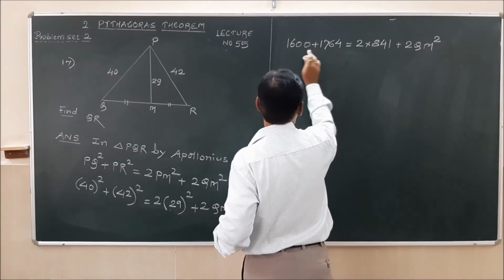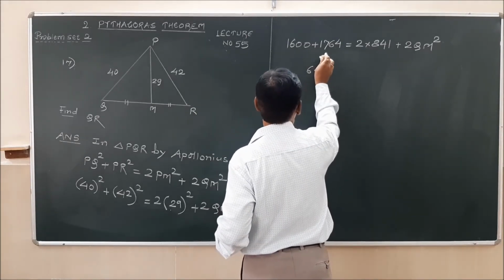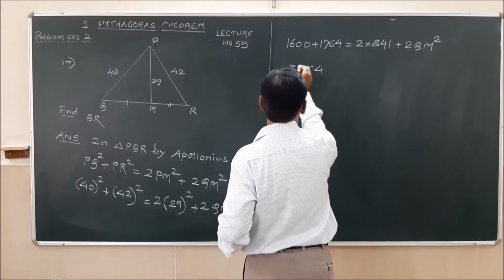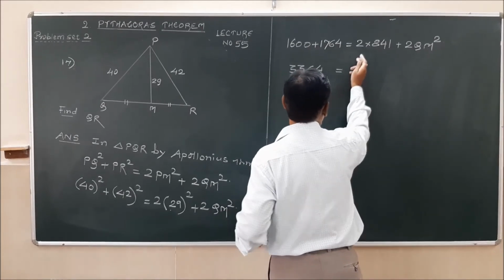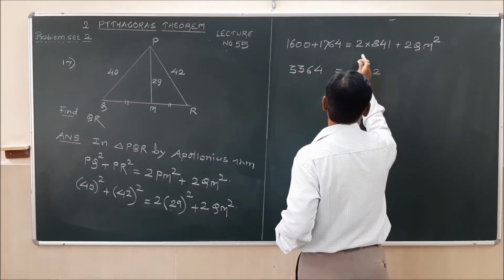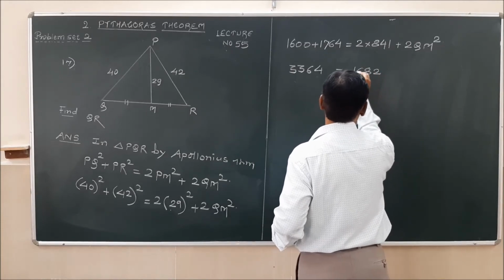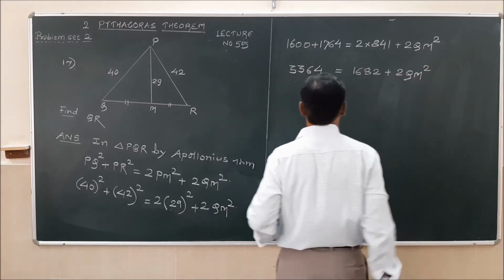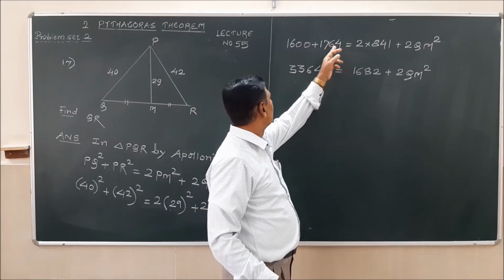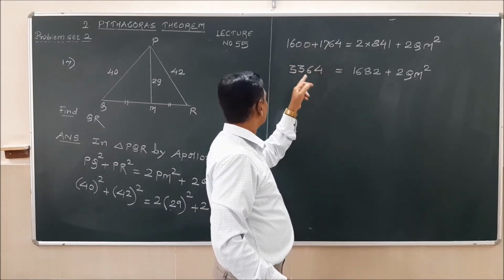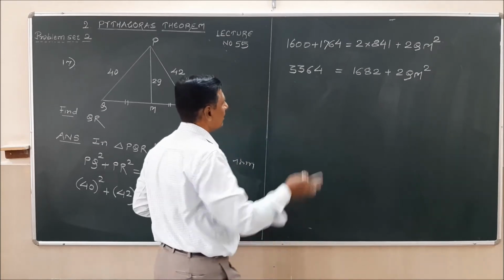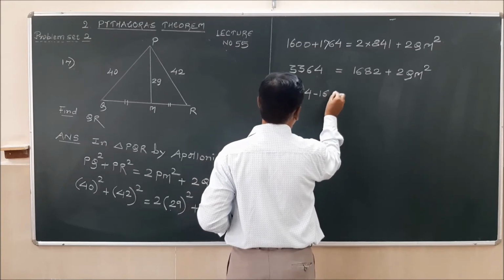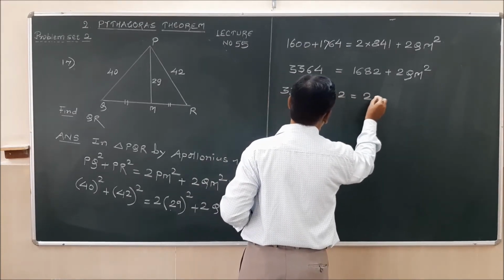Okay, so this is 4, 6, 3364. That is equal to 1682 plus 2 QM square. You have to be careful while adding these numbers. 4, 6, 13 carry 1. Now transfer this. 3364 minus 1682, that is equal to 2 QM square.